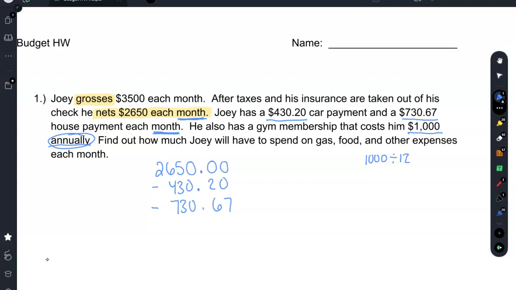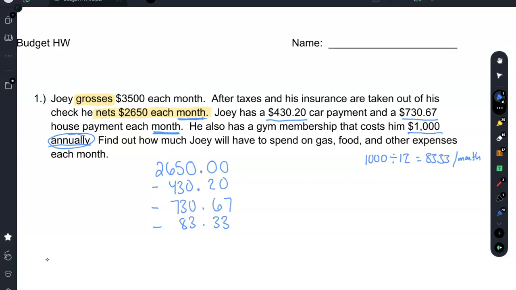So I have 1,000 divided by 12, and that gives me $83.33. We're always going to round to the nearest cent when we're talking about money. Even though that wasn't exactly 83.33, I'm going to round to the nearest cent. So that's 83.33 per month.